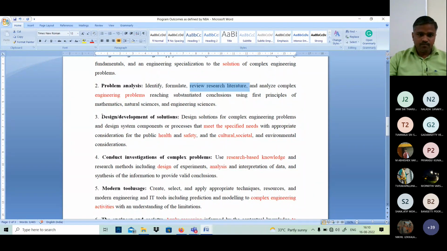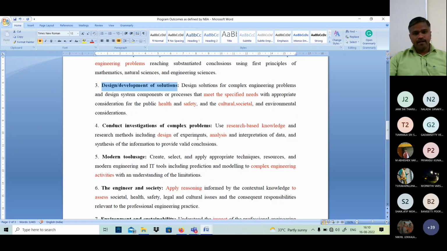Then third one is, for the given problems, you can design or develop the solutions using the knowledge you got from your graduation. That is the meaning of design and development of solutions. Then fourth one is conduct investigations of complex problems.